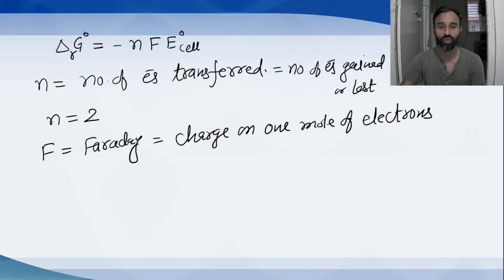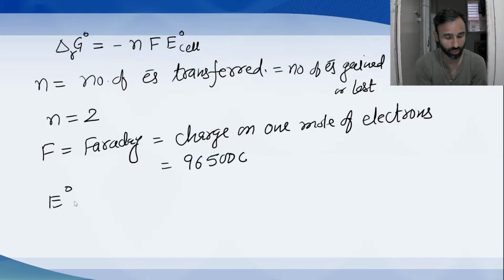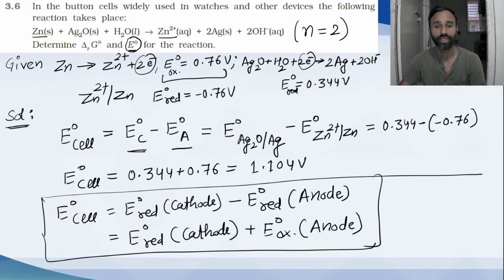So the charge on 1 mole of electrons is approximately 96500 coulomb. Now the next part is E naught cell. So E naught cell, just as we have calculated, is 1.104 volt.